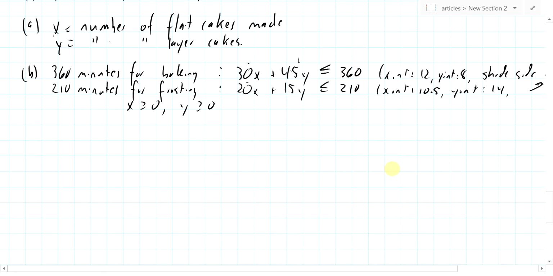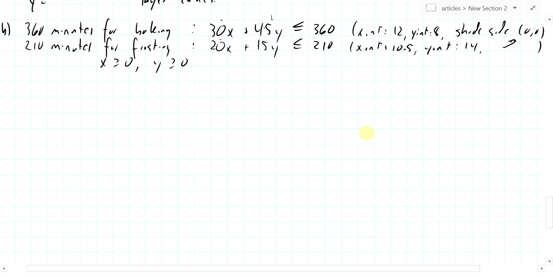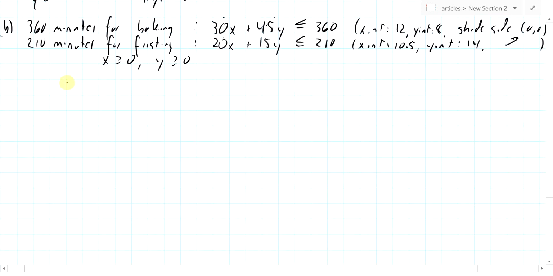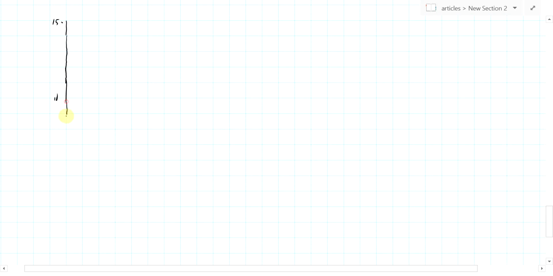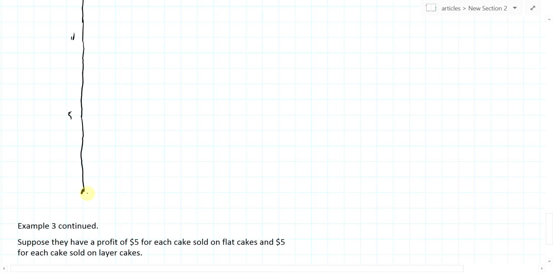Okay, so if we graph this, if we call this, say, 15 here, 14, 13, 12, 11, this would make this 10, 9, 8, 7, 6, 5, 4, 3, 2, 1, 0. So there's where my origin is going to be, and we'll go down one more line, and then we'll come out here.